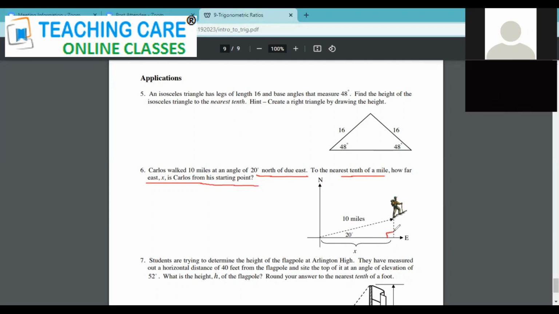So then this becomes my 90 degree. So this is my hypotenuse. Fine. So now this is my angle. So this becomes my opposite side and this is my adjacent side. How far east? So that means you have to find the adjacent side.